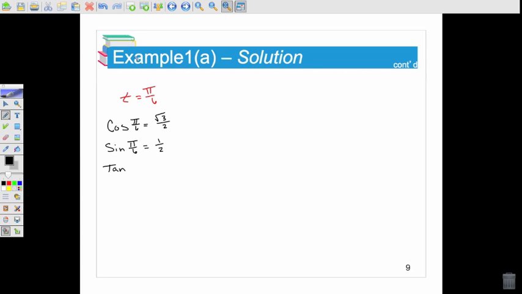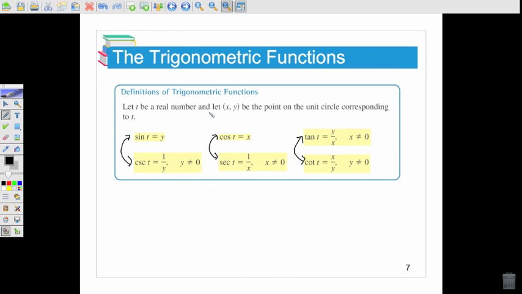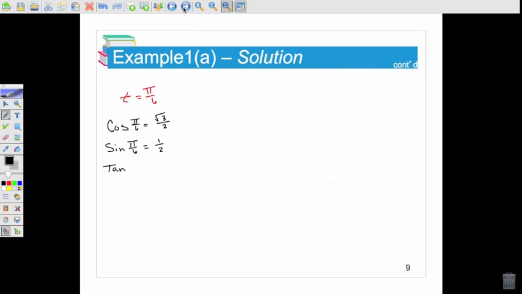I know, again, from the previous pages, that the tangent is just going to use y and put it over x. Alright, so y, again, was this value, so 1/2 put over square root of 3 over 2. Now, I know that I've said this before, the fraction idea is very, very important.